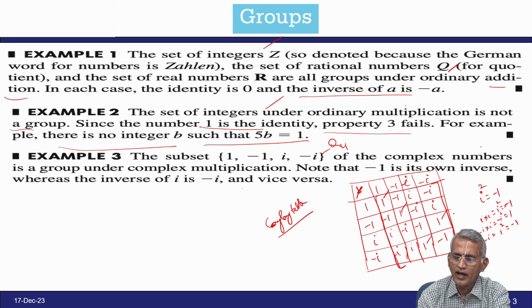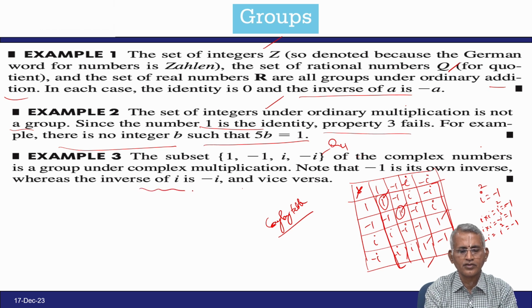Where we got that 1 in the entry cell, the corresponding row and column elements are the inverse of each other. Here 1 is the inverse of 1, and minus 1 is the inverse of minus 1, and I is the inverse of minus I, and minus I is the inverse of I. So, it satisfies the inverses.